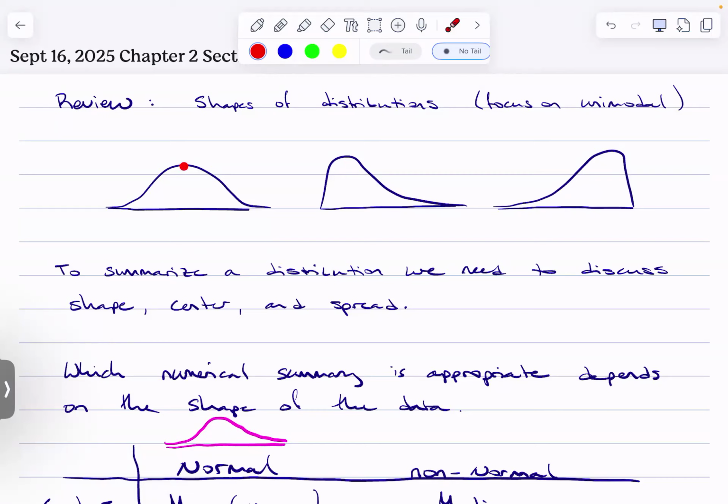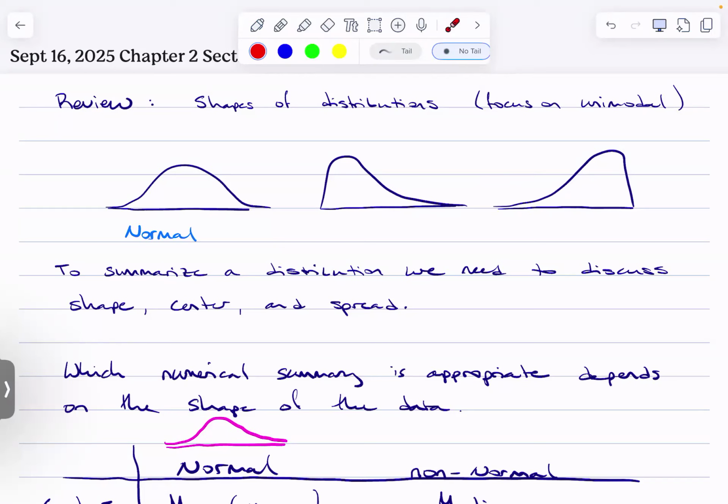This one is unimodal and symmetric. It's got one peak and it's symmetric about that peak. In fact, it's a special case, and we call this the normal distribution. It's a normal shape. Then these two are non-normal unimodal distributions.